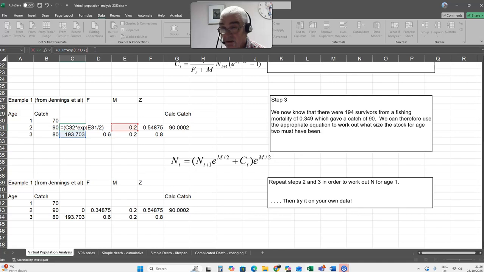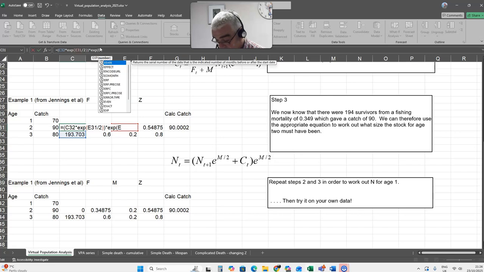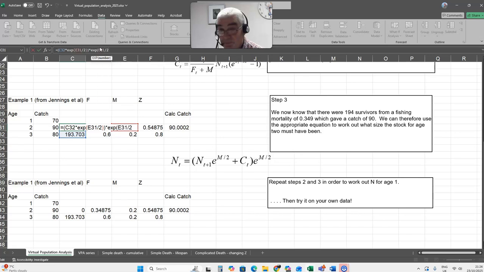Then that's times exp of M. That's E31, which is that value there. So E31 divided by 2, and then press return.